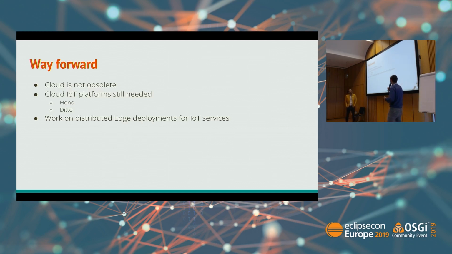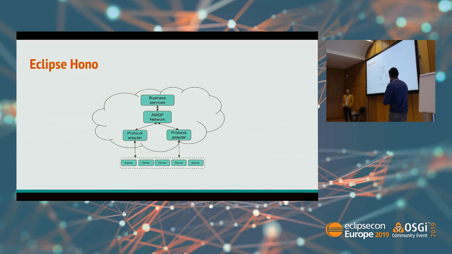So there's still a lot of benefits of the work we did for the cloud IoT platforms within the Eclipse IoT community. But there are some things we can do better in the future. Take a look at the current Eclipse Hono architecture, which is built for cloud native computing from the ground up.